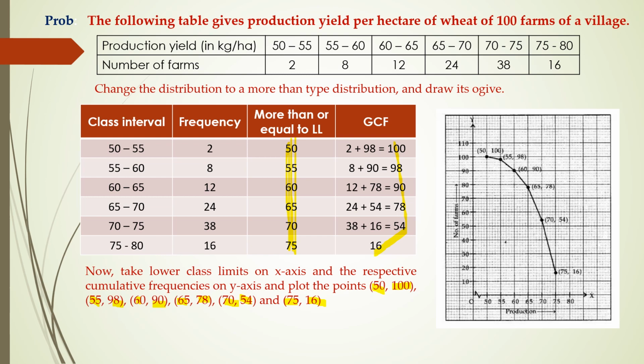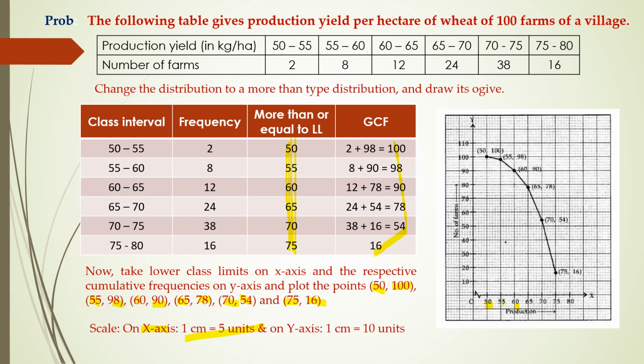Now, we'll plot all these on a graph by taking a suitable scale. Here the scale we have taken on the x-axis is 1 centimeter as 5 units. If you observe the graph, the values on the x-axis are 50, 55, 60, 65, 70, 75, 80.